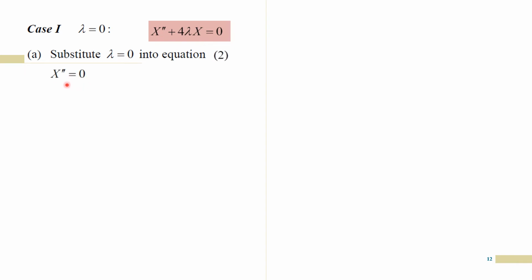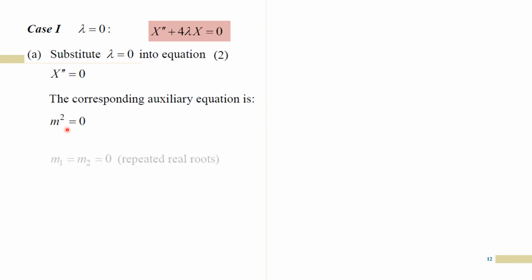Now this is just an ordinary linear differential equation. We can solve it by using the technique that we have learned in chapter 4. We start by finding the corresponding auxiliary equation, which is m² = 0. So solving this second degree auxiliary equation, we get two roots, and both of the roots are equal to 0.